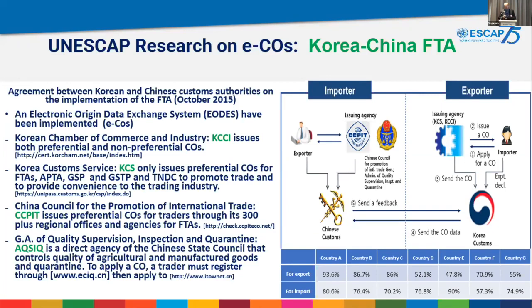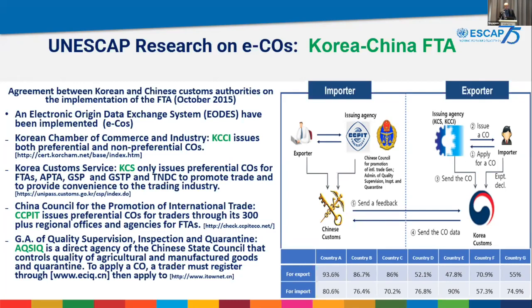Actually, this system is used not only with China and Korea, but it's also available between China and Singapore. The FTA negotiated in 2015 between Korea and China signed that application and availability. It has shown an increase of trade and of the issuance of certificate exchanges between the two countries.